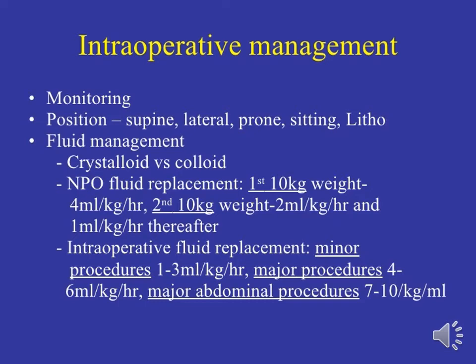For the first 10 kg of weight, 4 ml per kg per hour; for the second 10 kg, 2 ml per kg per hour; and 1 ml per kg per hour thereafter. Intraoperative fluid replacement: minor procedure 1 to 3 ml per kg per hour, major procedure 4 to 6 ml per kg per hour, major abdominal surgery 7 to 10 ml per kg per hour.